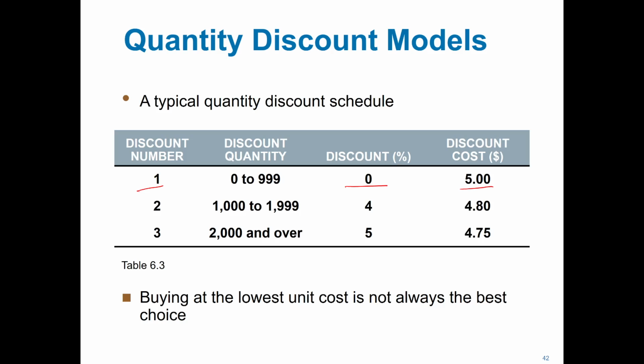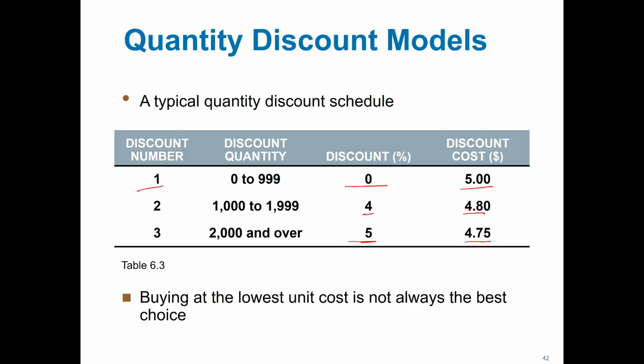If we order between 1,000 and less than 2,000, then we will get a 4% discount, and this means that our cost will be $4.8 per unit. And if we order 2,000 pieces or more, then a 5% discount is there, and we will be paying $4.75 per unit.